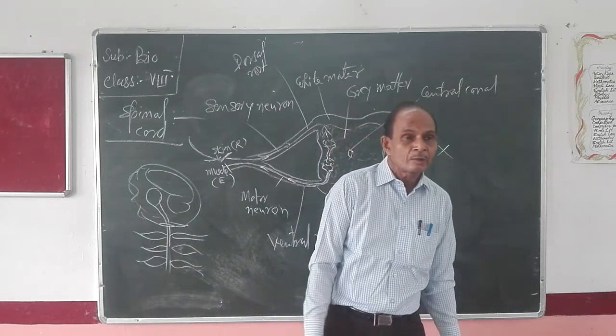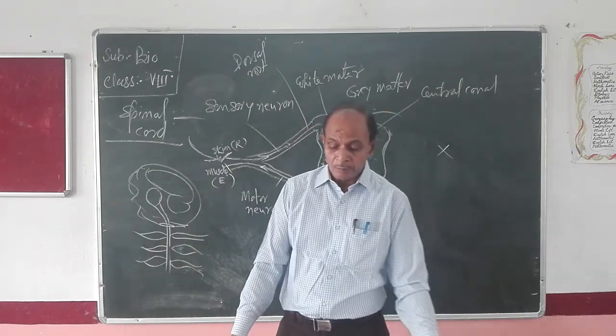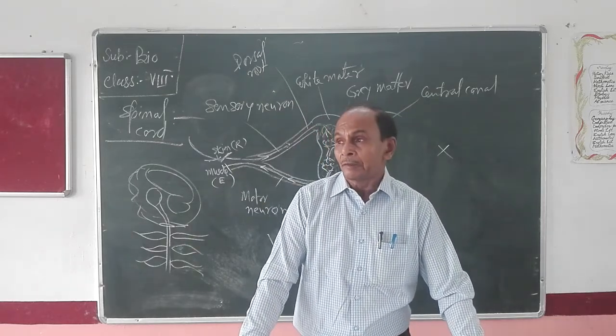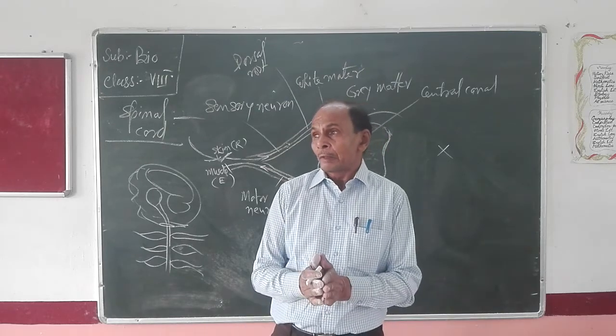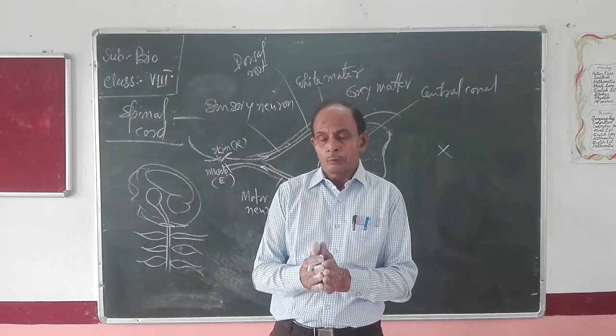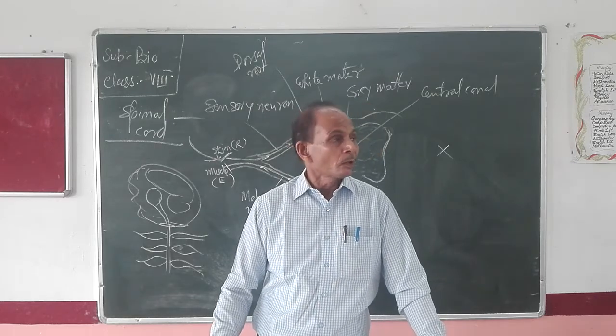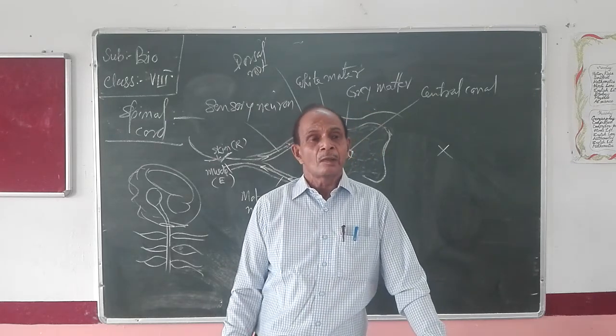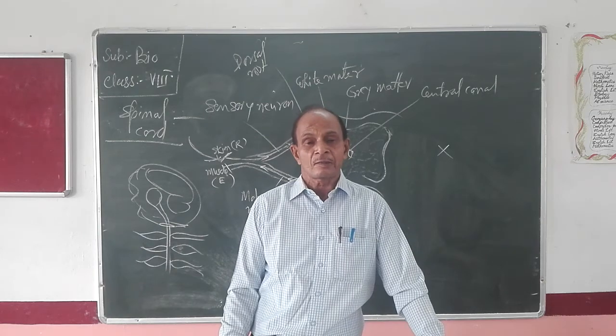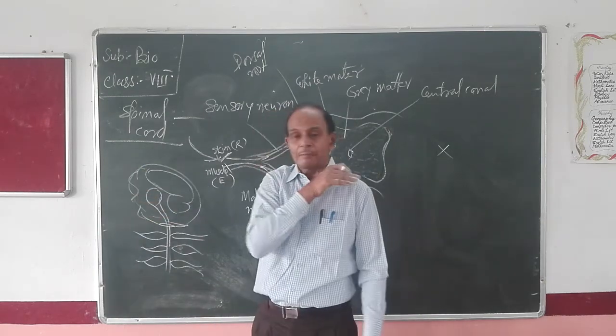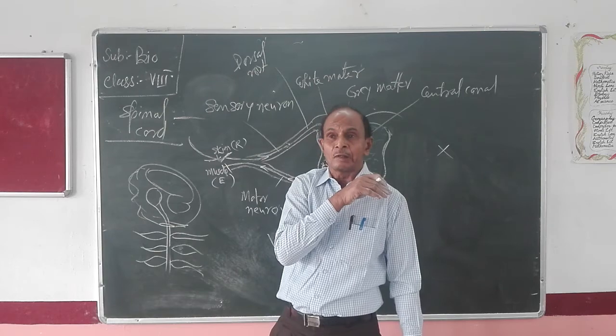In the previous video we also defined reflex actions. All those responses or actions which are shown very quickly and without thinking are known as reflex actions. For example, withdrawing the hand is performed without thinking, without taking time.